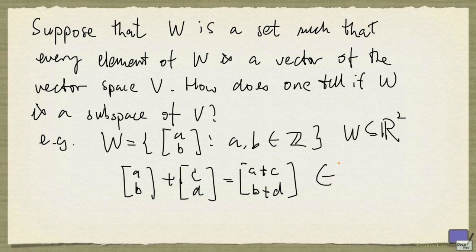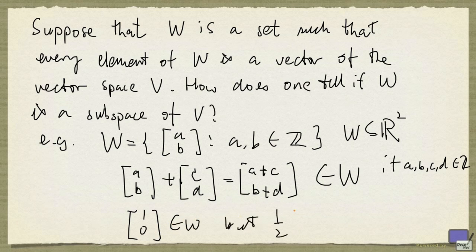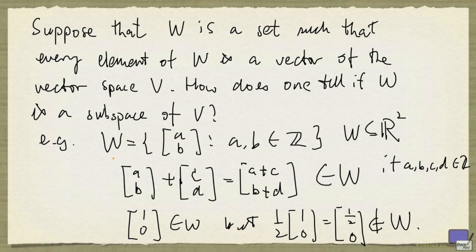So this is in W as well. But is W closed under scalar multiplication? Well, the answer is no. Because if you pick, say, this element (1, 0) from W, and take one half to be a scalar, half of (1, 0) is (1/2, 0), and that is not an element of W. So W is not closed under scalar multiplication, and so W is not a subspace of R^2.